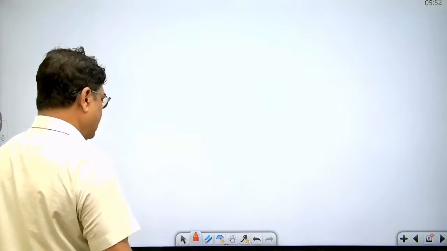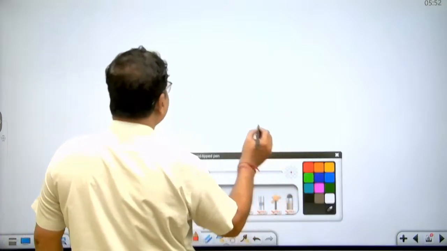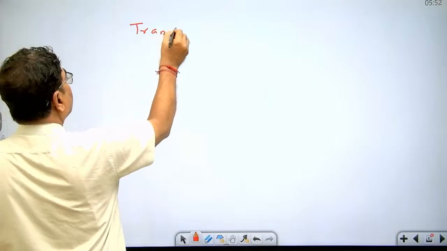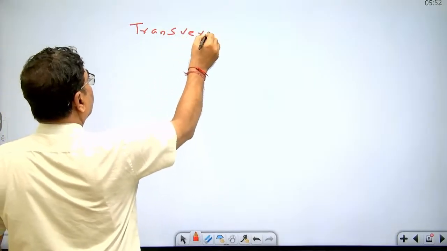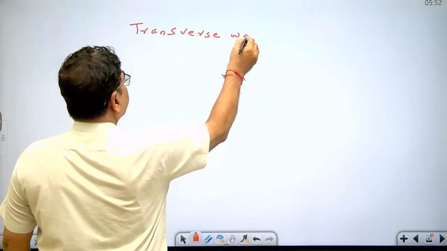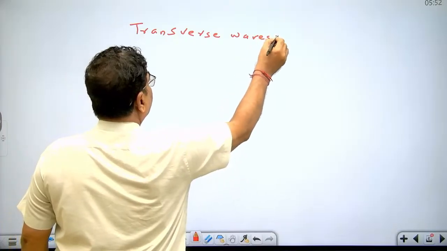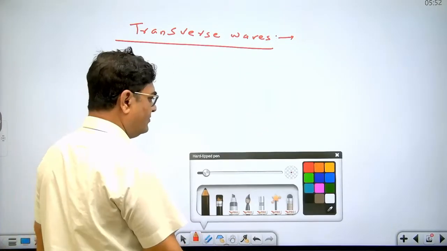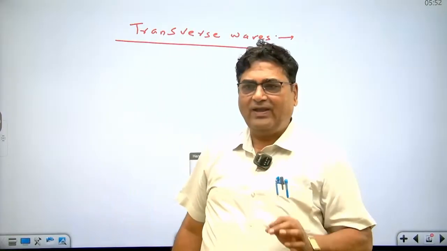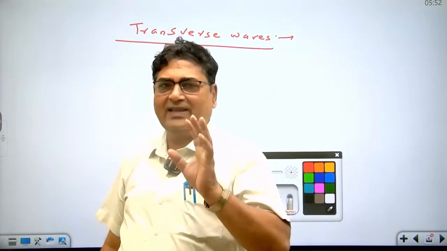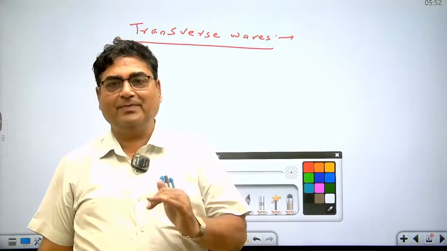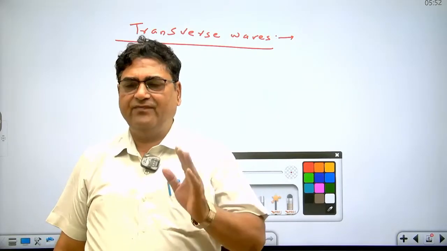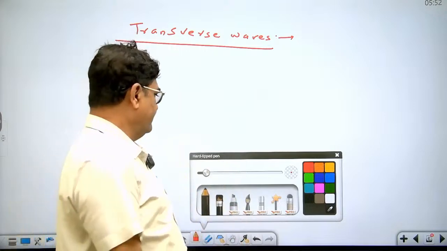Now, dear student, let's see about the transverse waves. When direction of vibration of medium particles remains perpendicular to the direction of propagation of energy, then waves are said to be transverse waves.